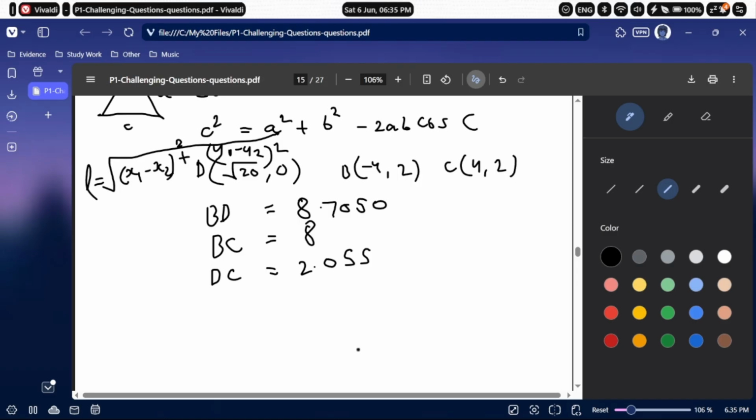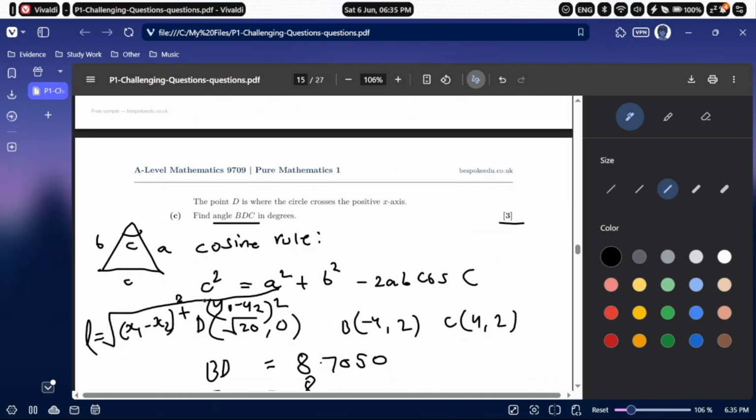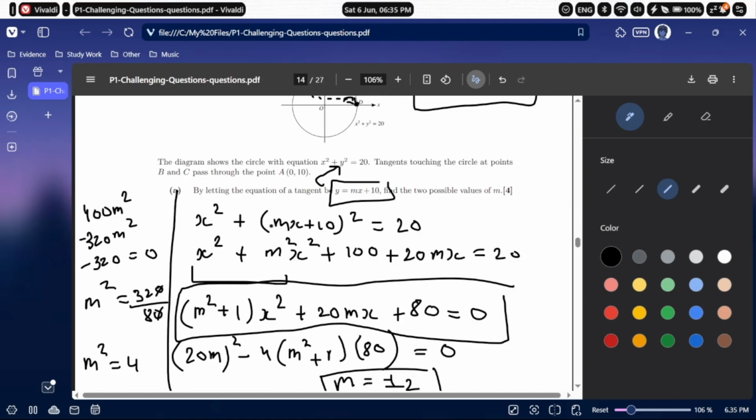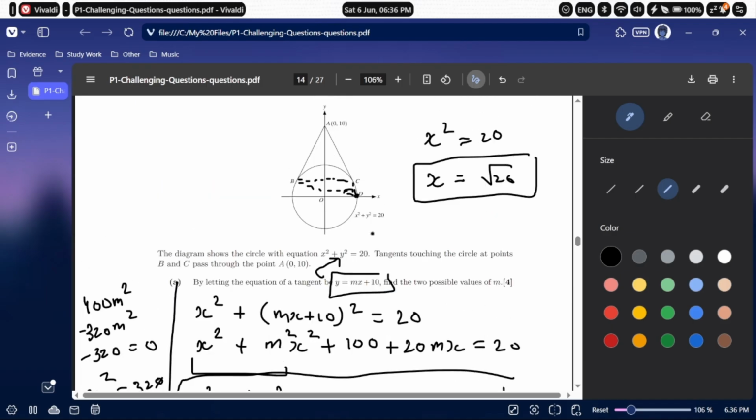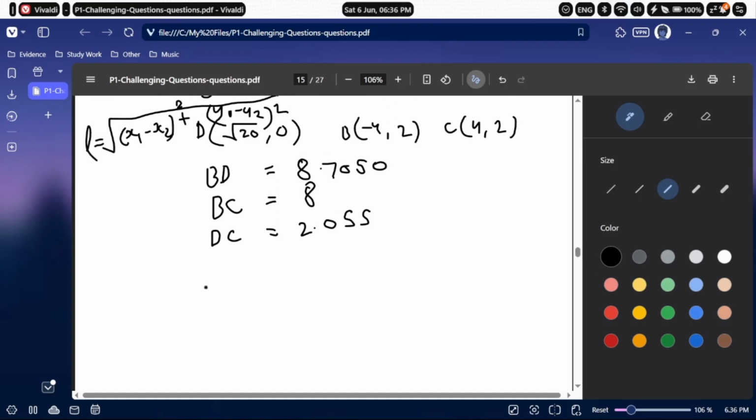Okay, and you just use cosine rule after this. So keeping in mind that the lowercase c is the side which is opposite to the angle. Now the angle is BDC, so the side opposite to BDC would be BC. So you just do 8 square is 8.705 square plus 2.055 square minus 2, I'll just write it in this form.